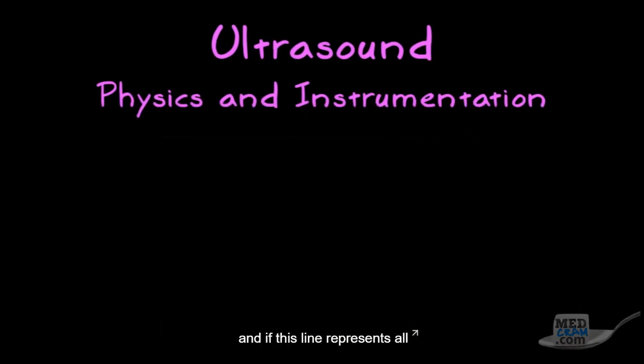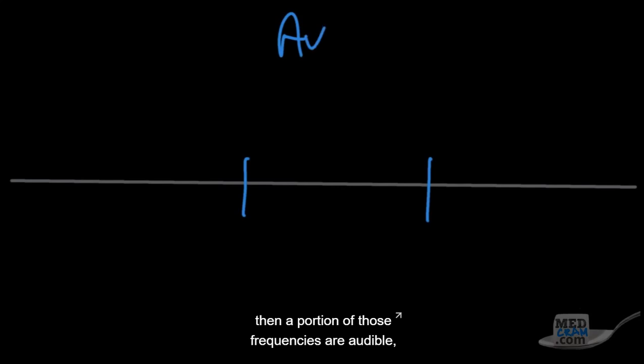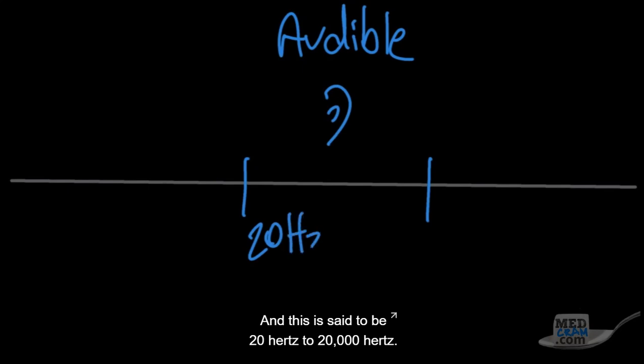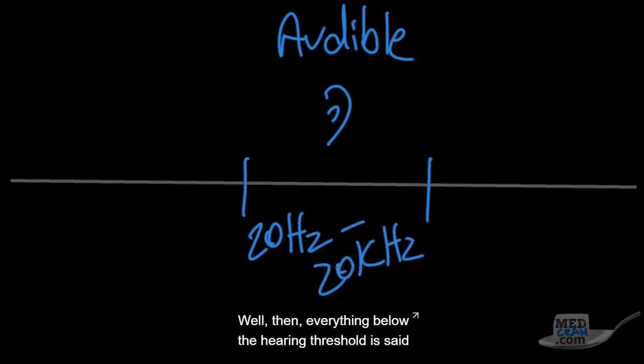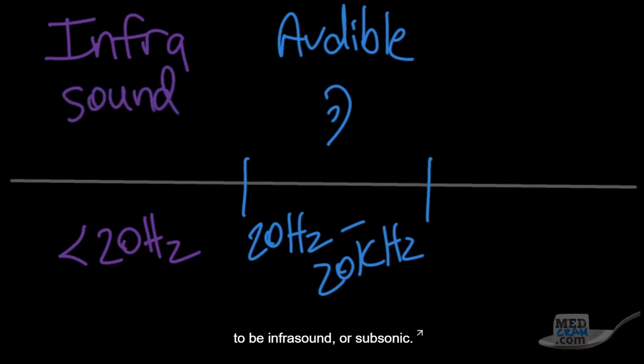And if this line represents all of the possible audio frequencies that exist, then a portion of those frequencies are audible, or those that can be heard by the human ear. And this is said to be 20 hertz to 20,000 hertz. Well, then everything below the hearing threshold is said to be infrasound or subsonic.